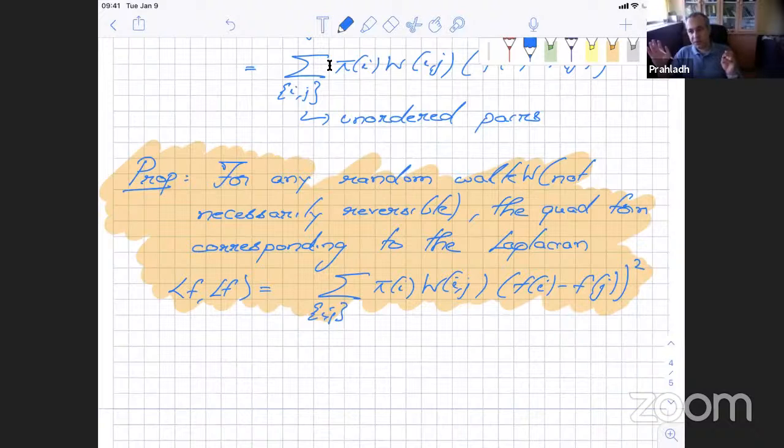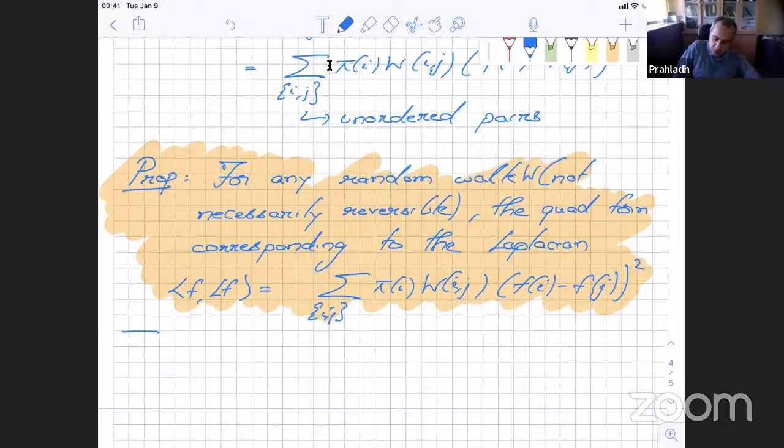Over complexes, if it was always non-negative, we said it was positive semi-definite. Here the same thing happens: the quadratic form is always non-negative because of the way it's written, if the weights w_ij are all positive, which they are.